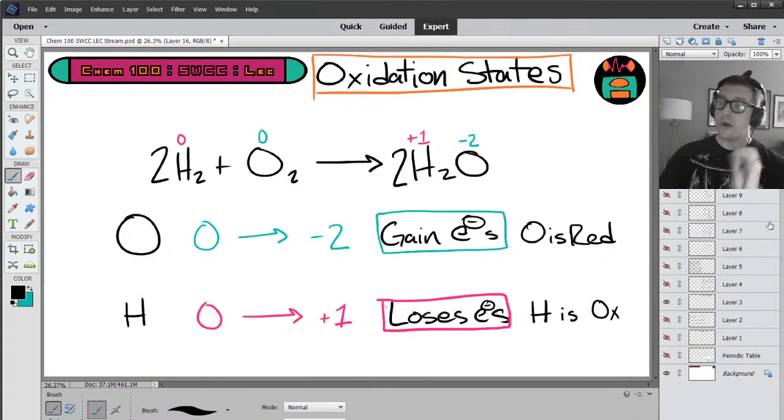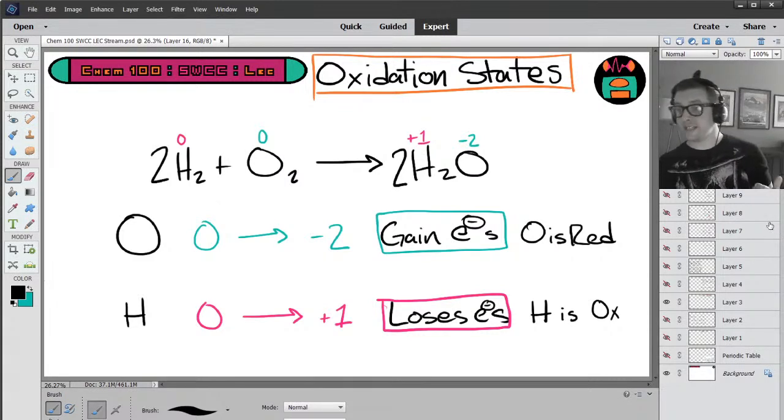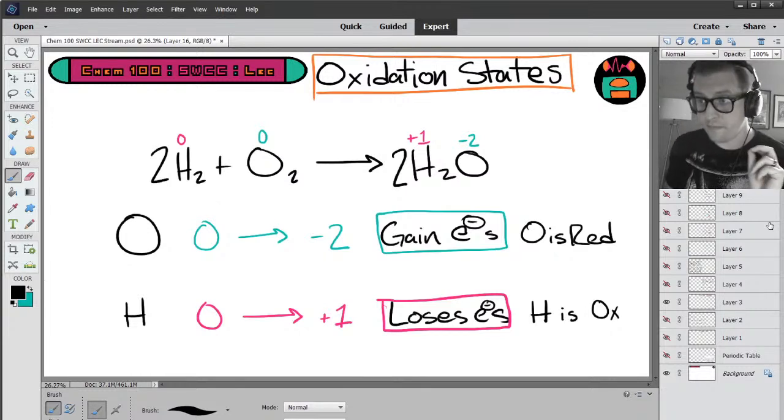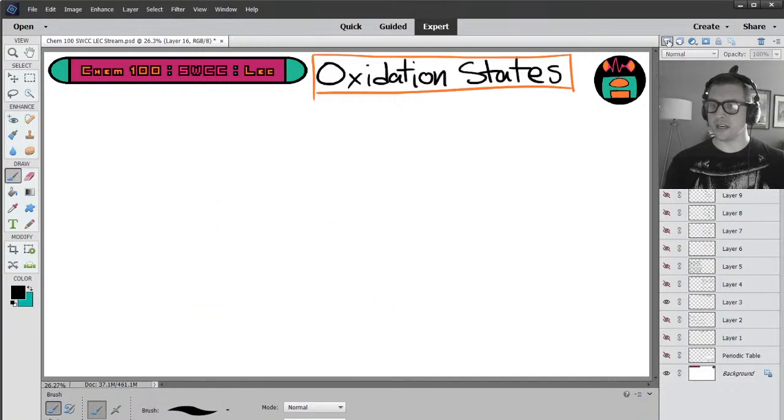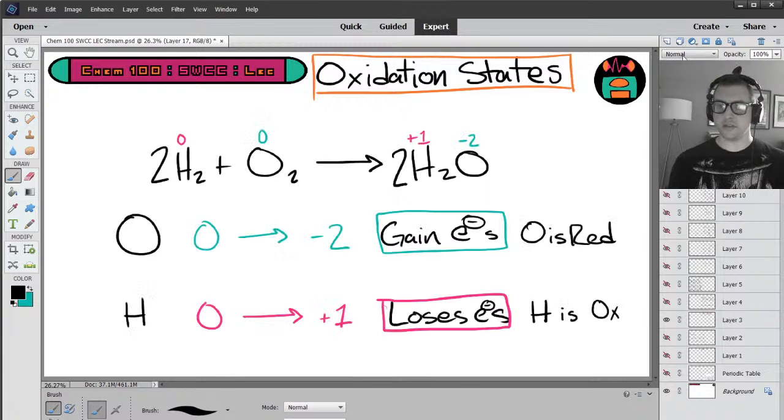Now, when I ask the question, what is oxidized, what is reduced? We're talking about atoms. But let me ask a different question now. So here, I'm just going to clear a little space.